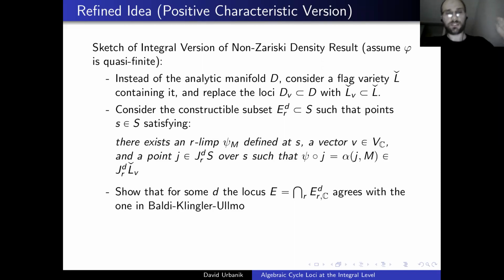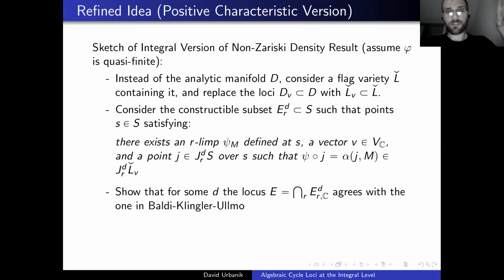So there exists some infinitesimal period map of order R defined by the initial condition M at S. So if S is a point in this constructible subset, there exists some infinitesimal period map defined at S. I wrote here a complex vector. It really shouldn't be a complex vector. It should just be some vector defined over the same field as the point S.